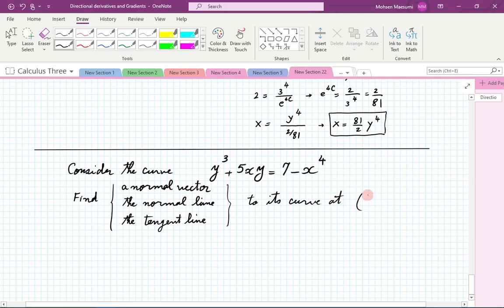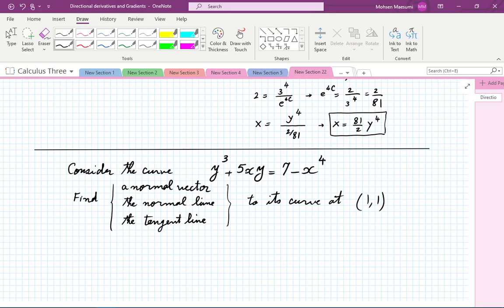I just made this so that we have an easy point on it, point (1, 1). Now this is a problem you should have done in Calculus 1, and we have talked about this before, but let's look at it from the point of view of the gradient and see how we use the gradient to give clean-cut answers to this.